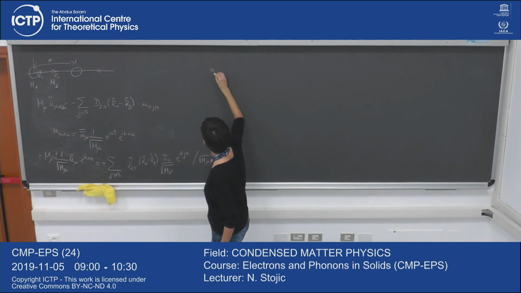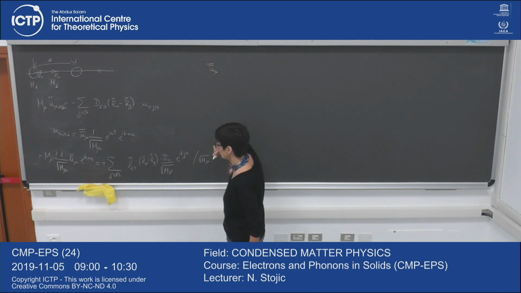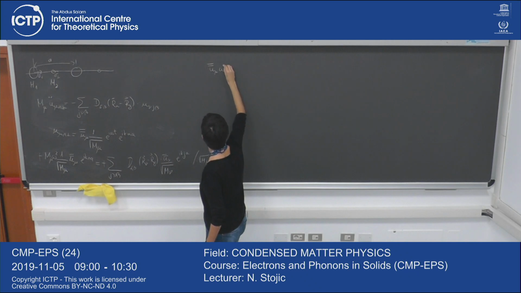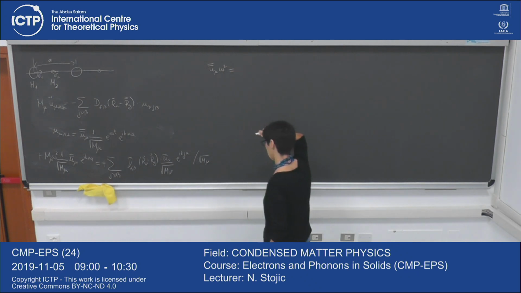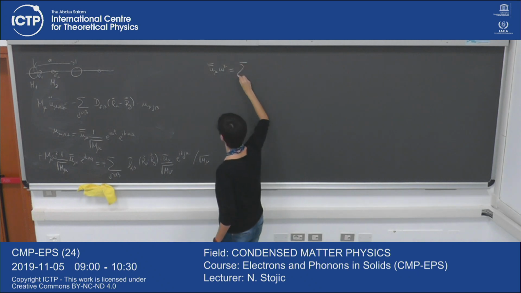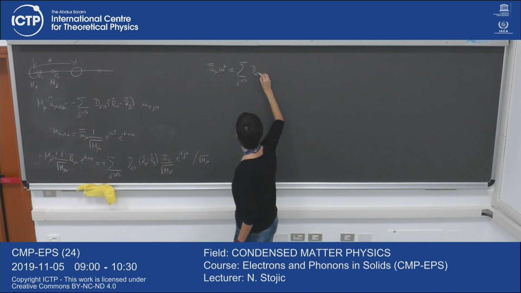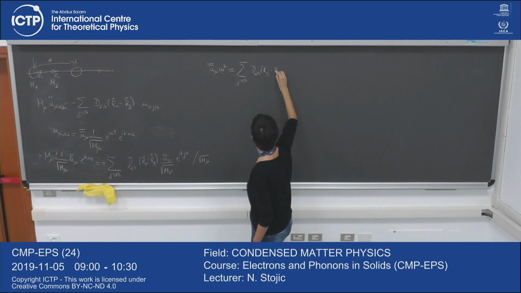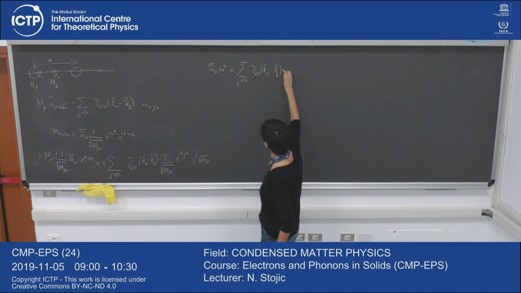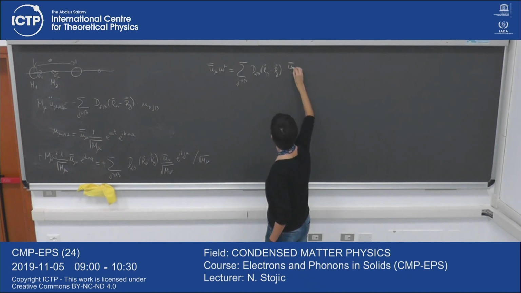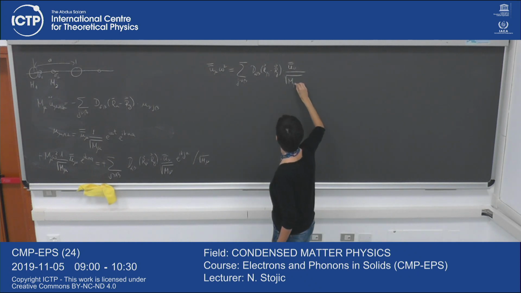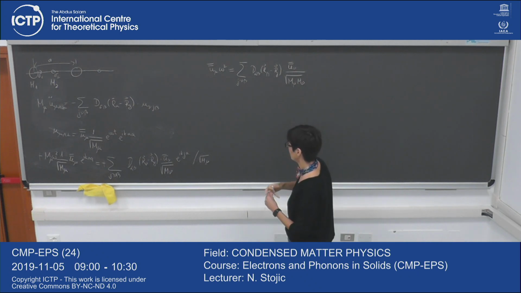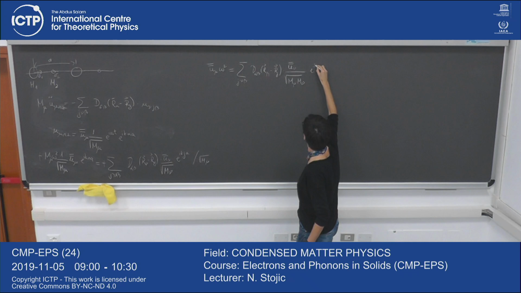We're getting displacement mu, amplitude, omega squared is equal to the sum over J, nu, beta, R n minus R j, times displacement nu divided by square root of m mu and m nu, e to the I k.